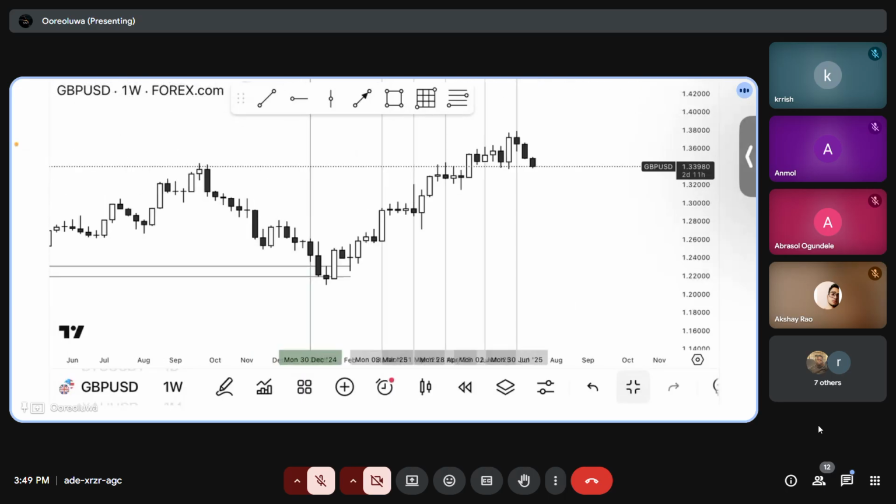Another thing is the first week of the month. Some mentors will tell you not to trade the first week. Actually, you can also trade the first week, but don't target the high or the low of the first week.